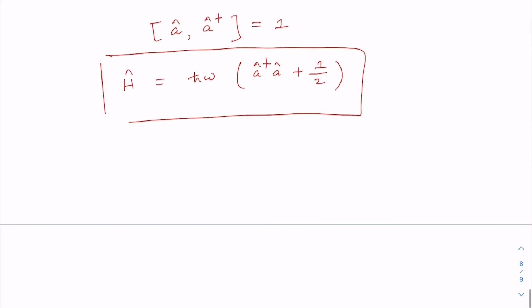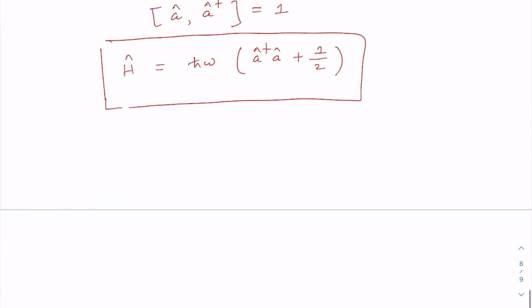In fact, an electromagnetic wave consists of an infinite number of independent modes, and therefore if we consider all these independent modes, then the total Hamiltonian of the electromagnetic field, this we have just written for one mode only.